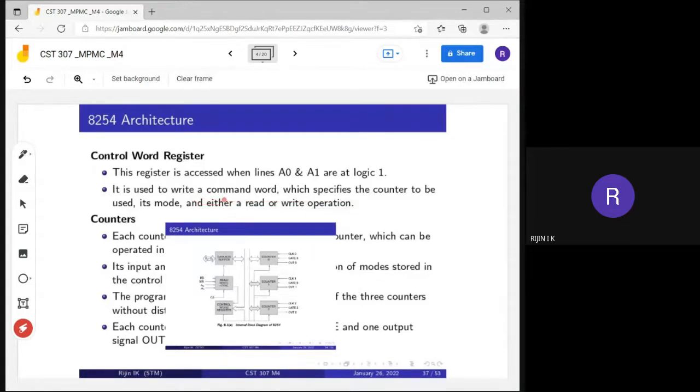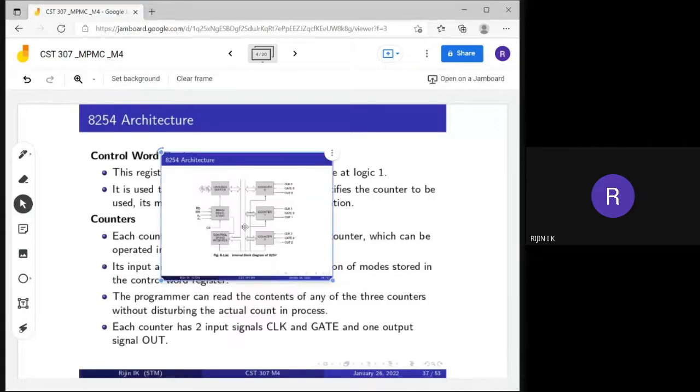All the information related to counter operations, modes, and read and write operation is within this control word register.